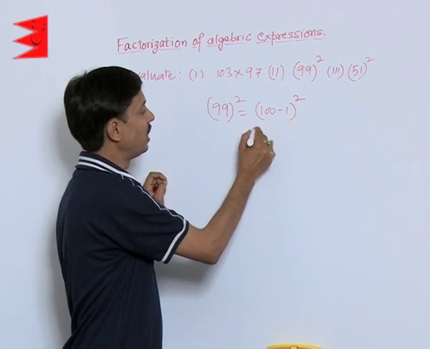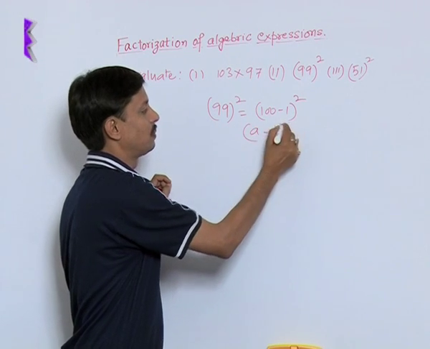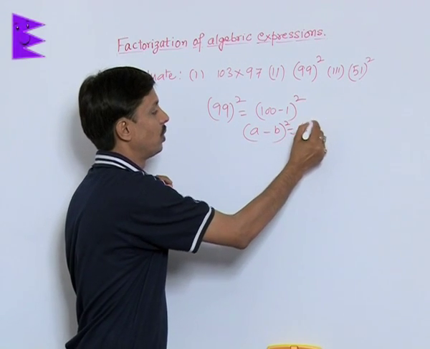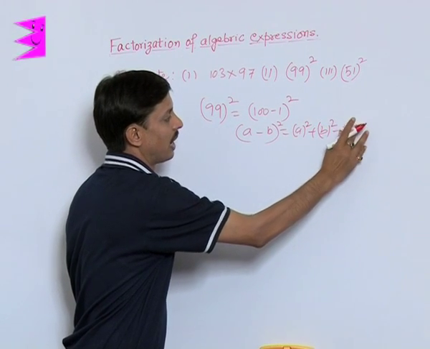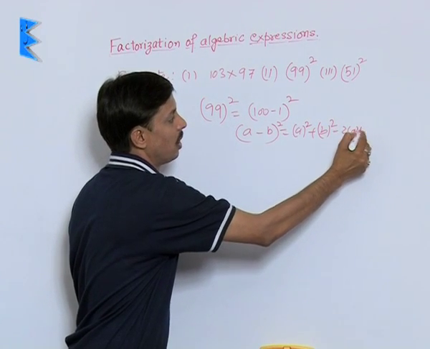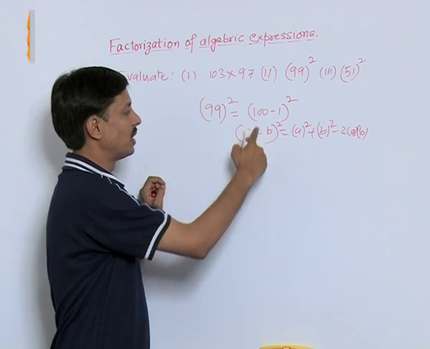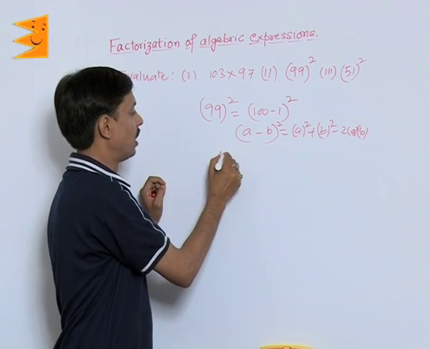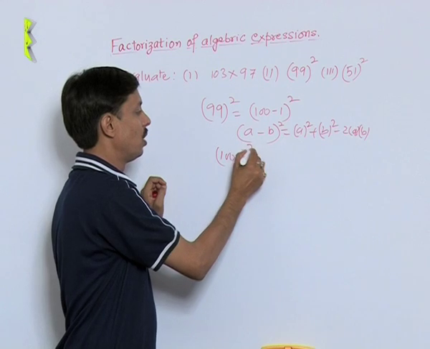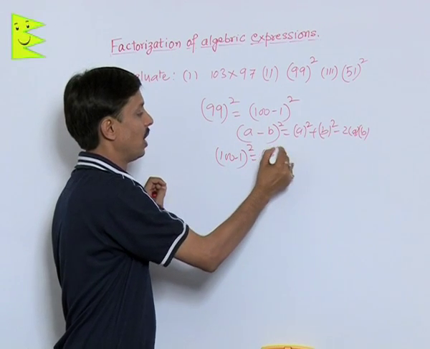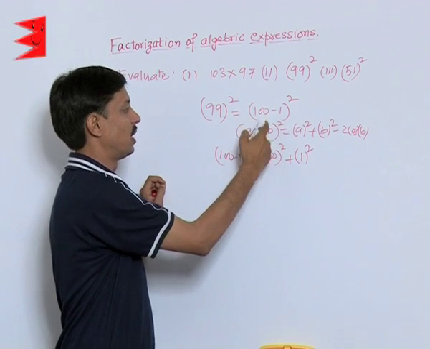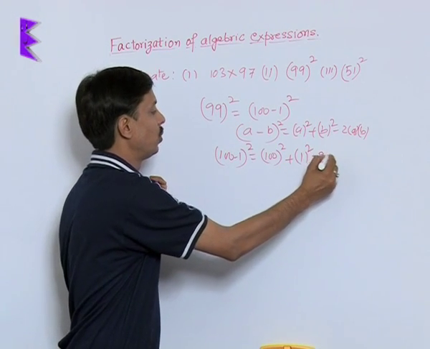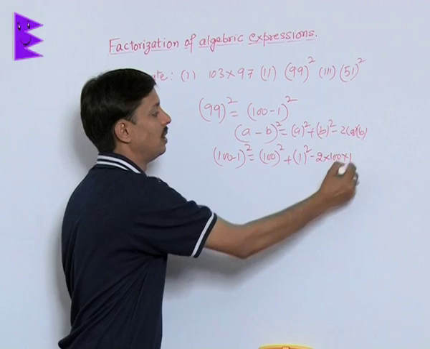So you can apply the identity (a − b) whole square is equal to a² + b² − 2ab. So (100 − 1) whole square is equal to 100 whole square plus 1 whole square, because a is 100, b is 1, minus 2 into a, meaning 100, and b, meaning 1.